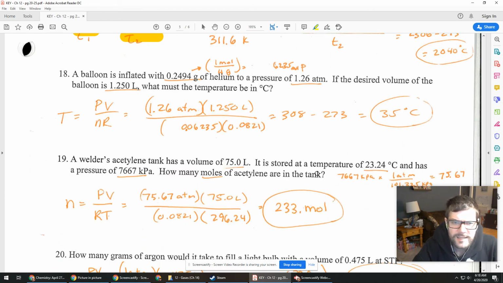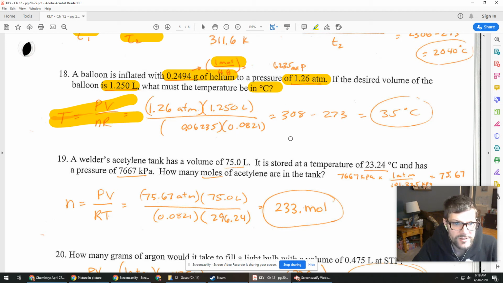All right, 18. I slip right back into a PV equals nRT problem. In this case, we want to solve for temperature. We know the mass of helium, which means we need to do a molar mass conversion to get the number of moles. The pressure is in atmospheres, and the volume is 1.25 liters.